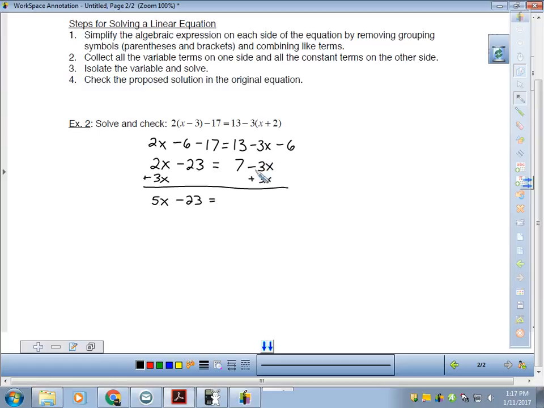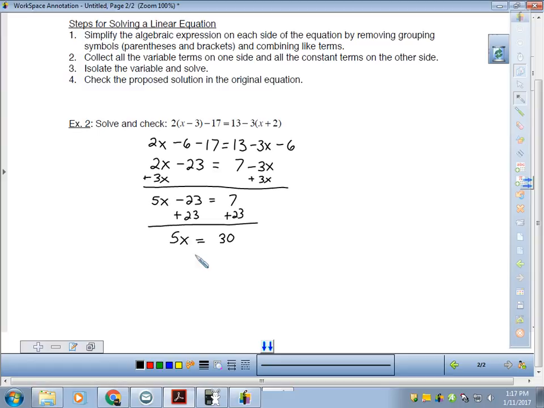Over here, the negative 3x and the positive 3x cancel, and all I have left is the 7. Then I want to move the 23 over since it doesn't have an x. So I'll add 23 on both sides. So here, the negative 23 and positive 23 cancel, and so I just have 5x. Over here, 7 plus 23, that'll give me 30.